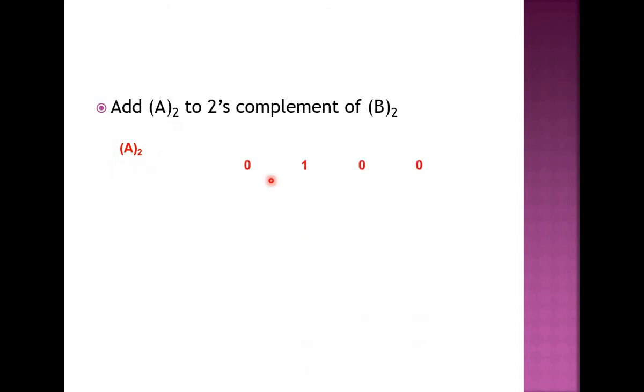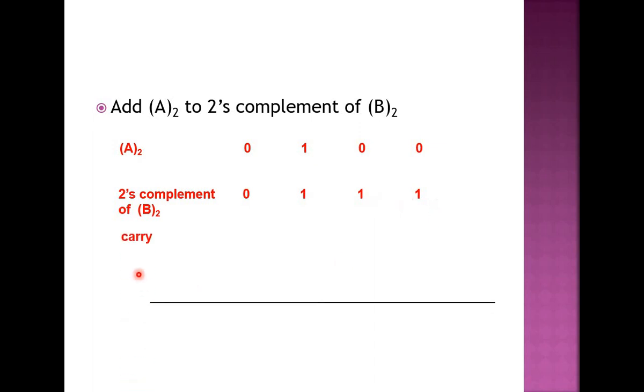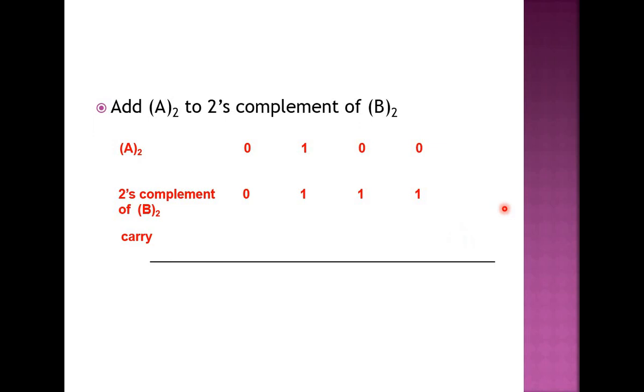Now we have to add this 2's complement to A to the base 2. So A to the base 2 is 0100, and the 2's complement of B is 0111. We again require the carry and we perform the addition. So now 0 plus 1 is 1, 0 plus 1 is 1, and 1 plus 1 is 0 with carry 1. 0 plus 0 is 0 and 0 plus 1 is 1.